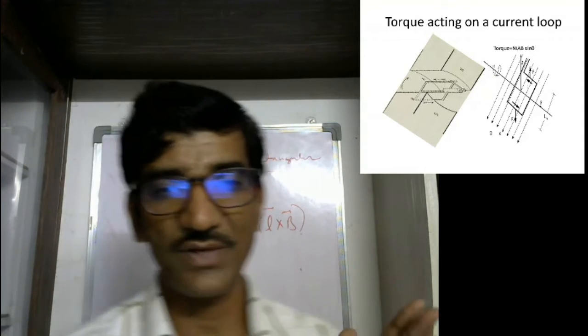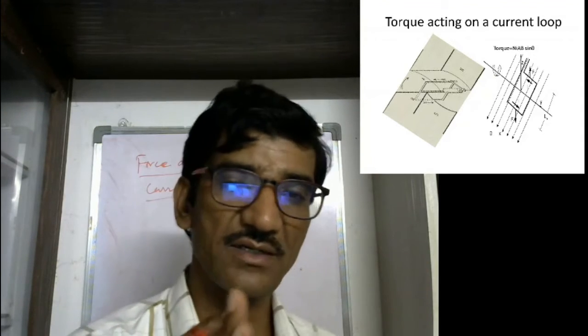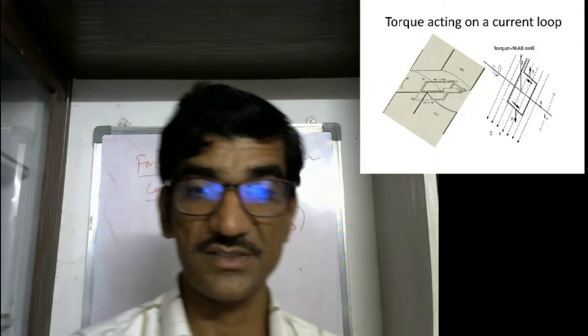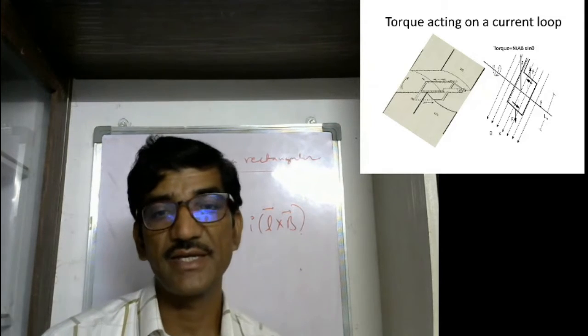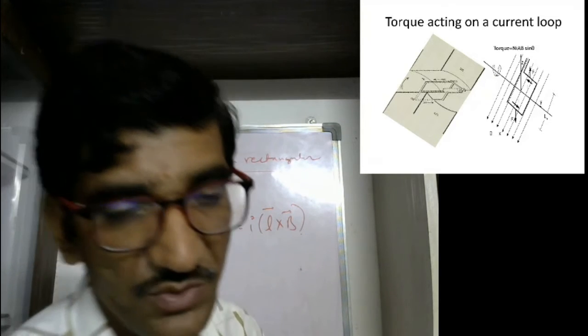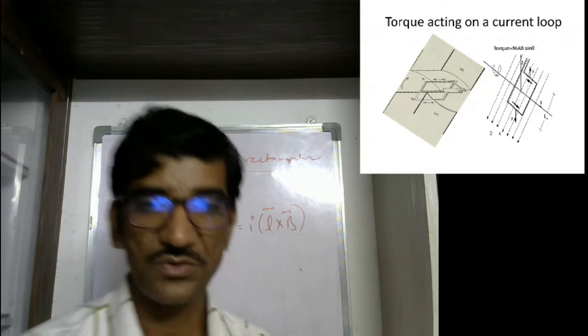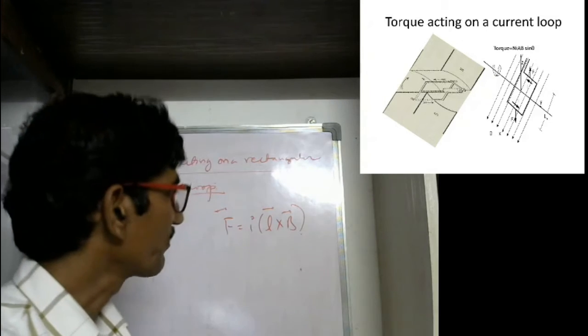If the currents flowing in those two parallel wires are in opposite directions, then there will be repulsion between those two wires.